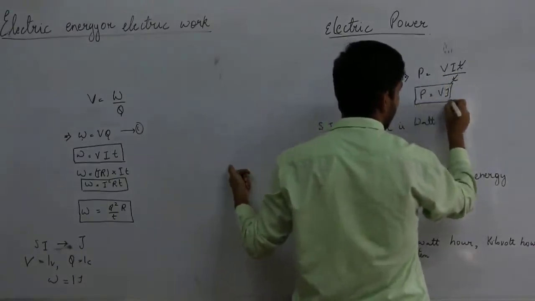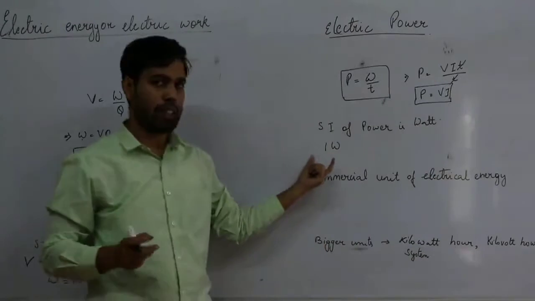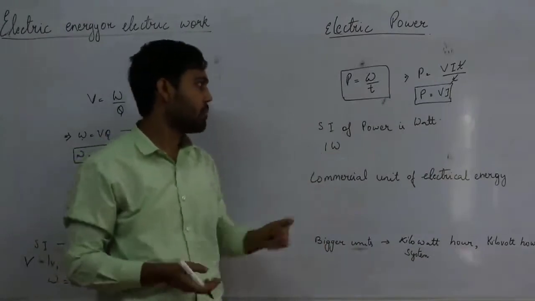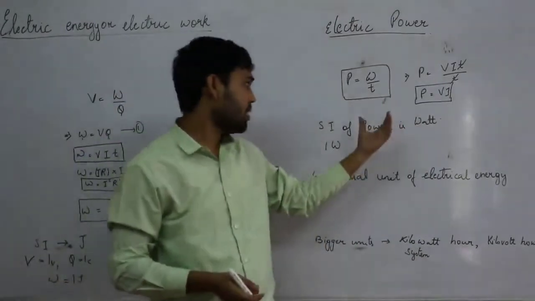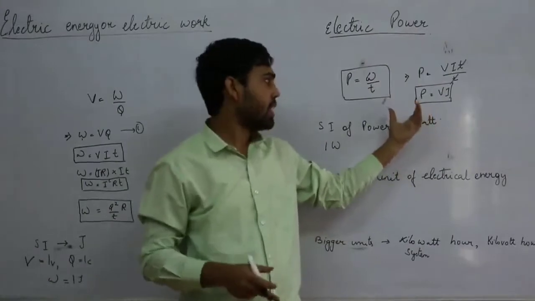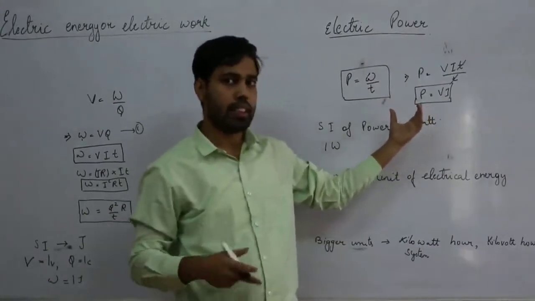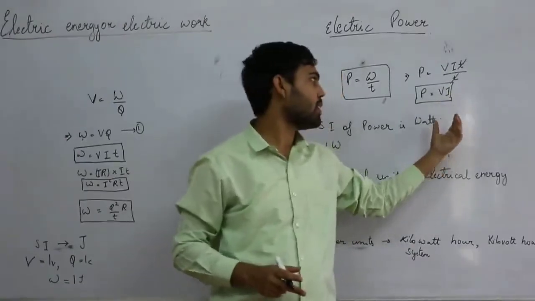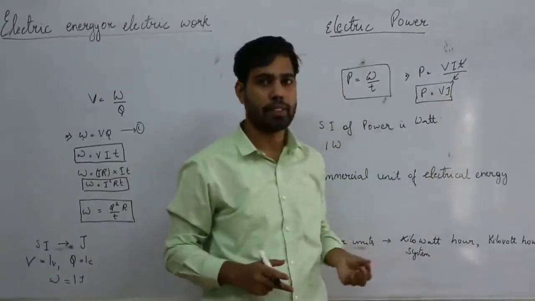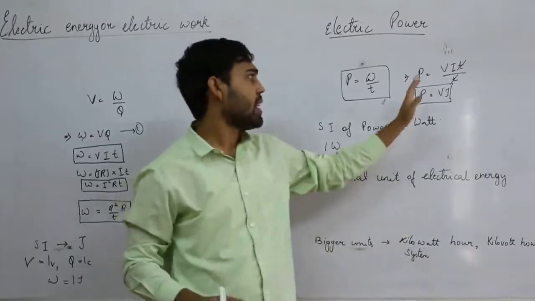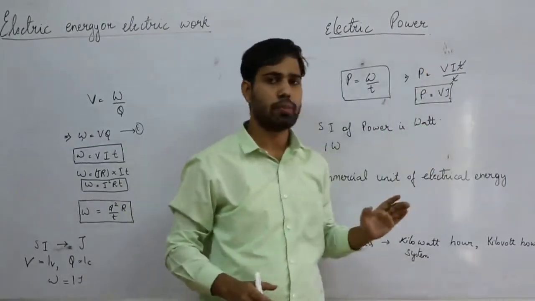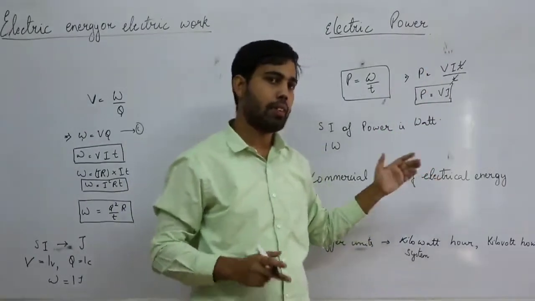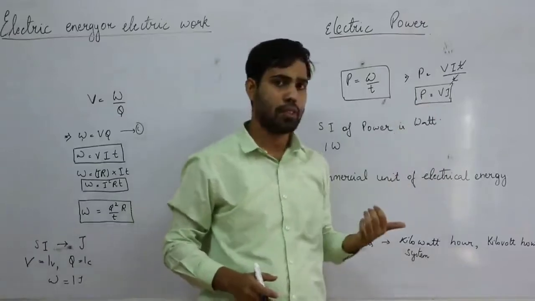From here I can formulate the definition of 1 watt. What is 1 watt? It is the power generated in a conductor when 1 ampere of current flows through a conductor maintained at a potential difference of 1 volt. I am simply replacing these values by 1 volt and 1 ampere, and when I do so I get 1 watt of power.